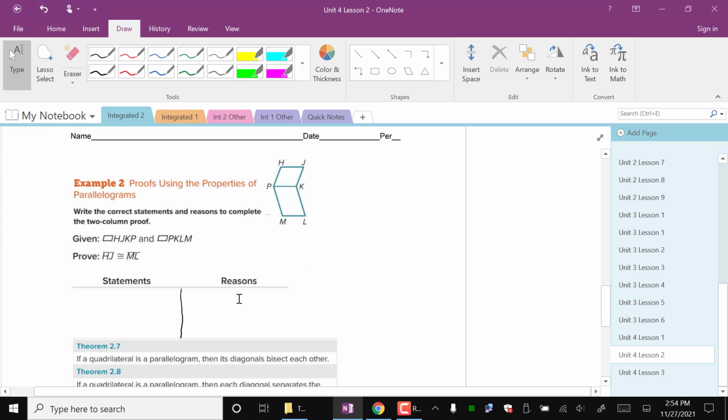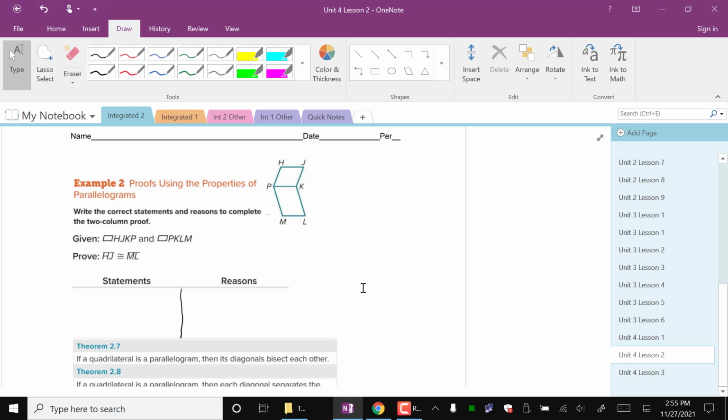Proof using the properties of parallelograms. We want to write a nice little 2-column proof that, given parallelogram HJKP and parallelogram PKLM, we want to prove that line segment HJ is congruent to line segment ML.